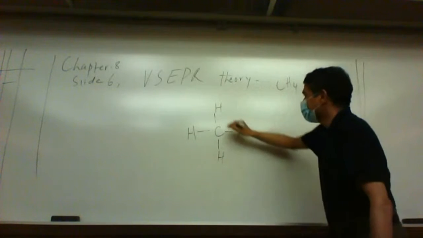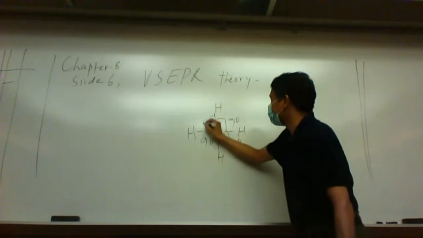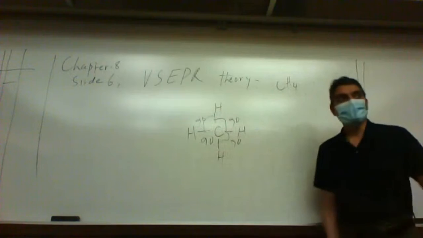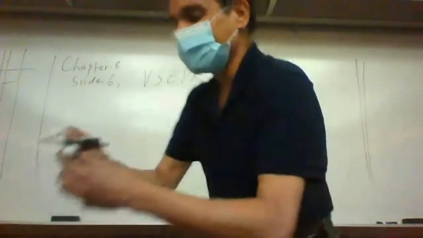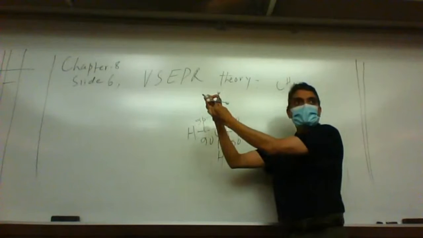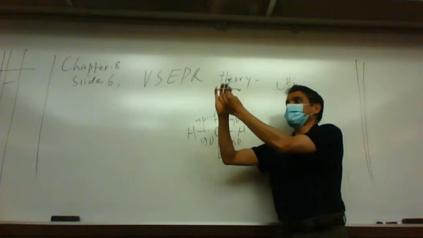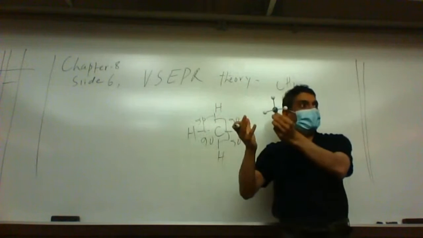So it looks like 90 degrees here, 90 degrees here, 90 degrees here, 90 degrees here. But these molecules are not like this. This is not the structure. What happens is that the electron pairs in these bonds repel each other, so they are repelling each other, right?